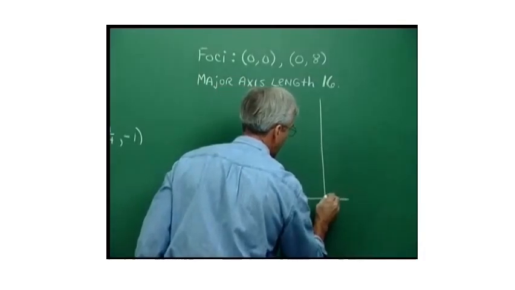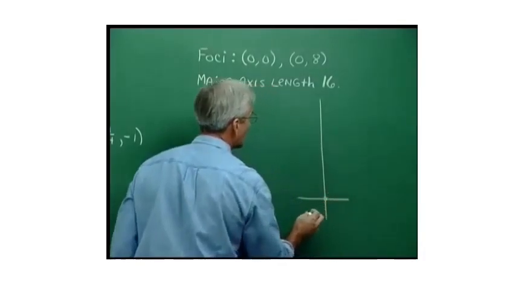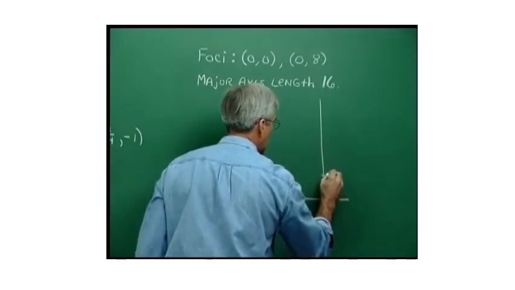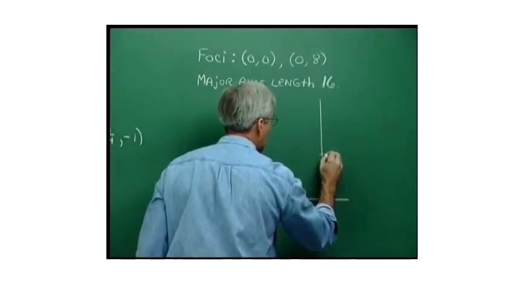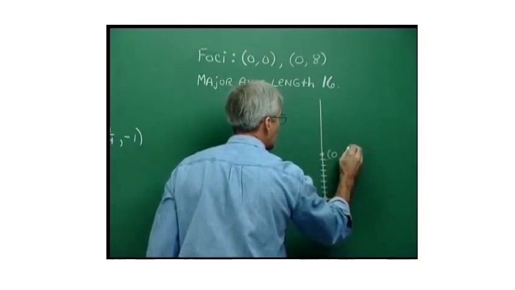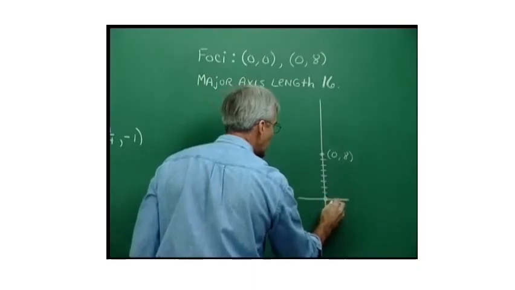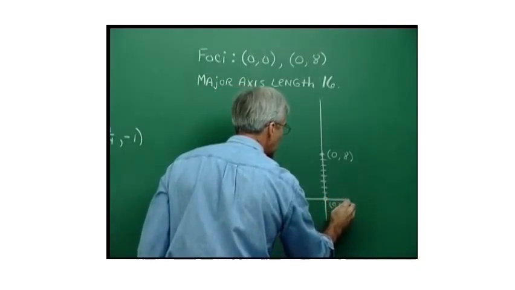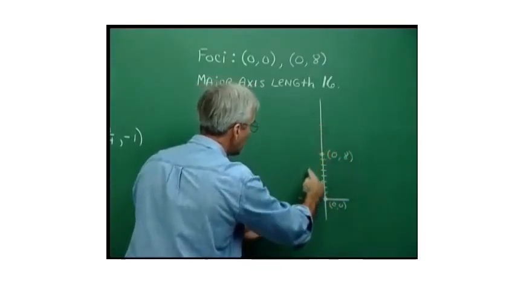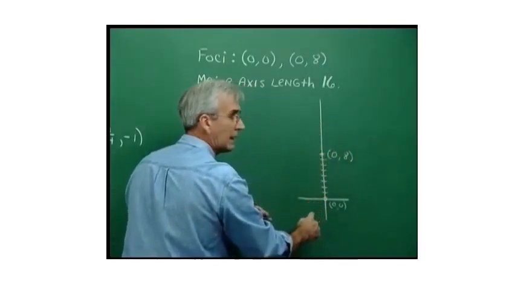We have one focus point at 0, 0, another at 0, 8. Here's the point 0, 8. And if these are focus points, then, gee, we understand that the ellipse tends to wrap around those, and so the ellipse is going to be elongated vertically.